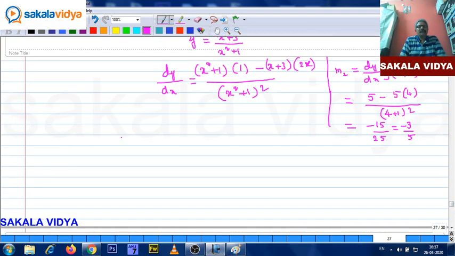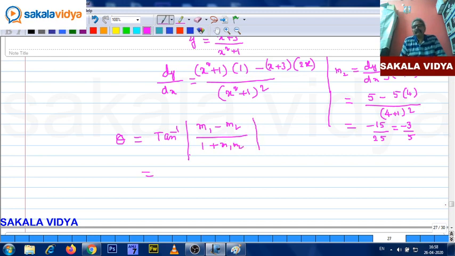So, theta is given by the formula tan inverse of mod of m1 minus m2 upon 1 plus m1 m2. Okay. What is m1?